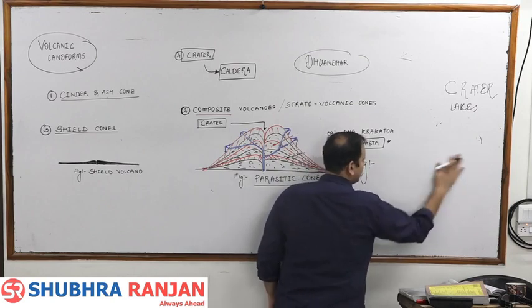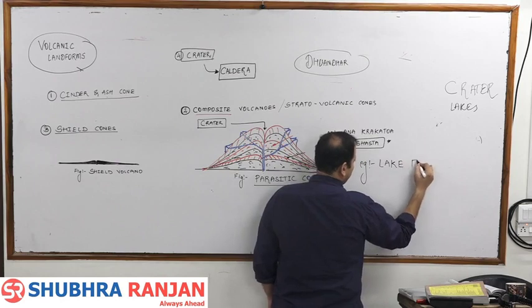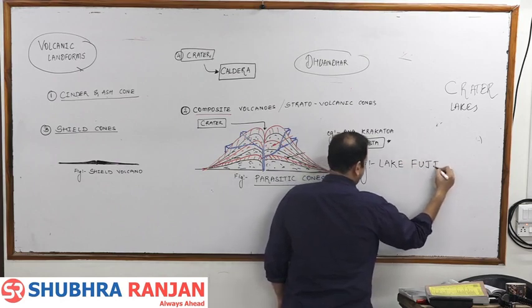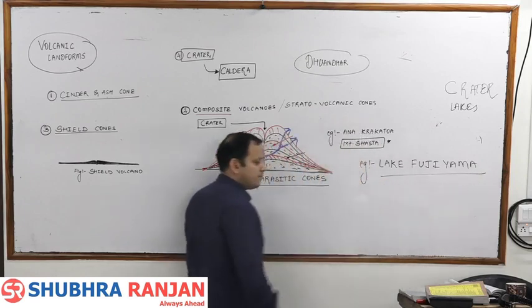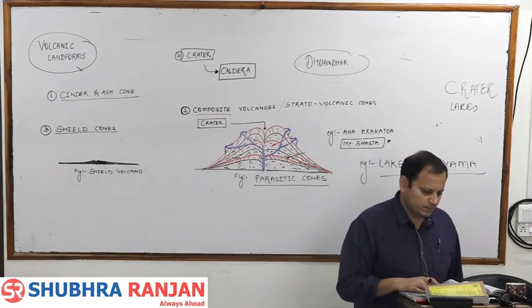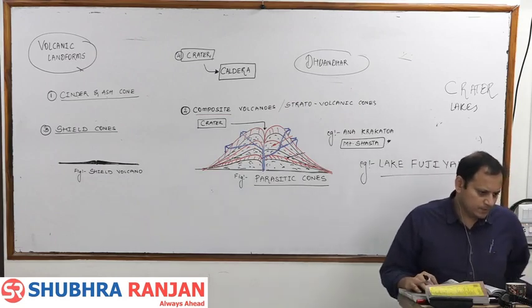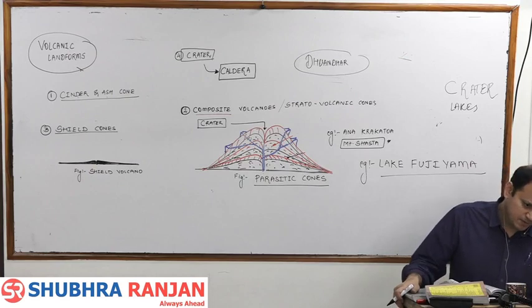Example, you can write even Fuji. Lake Fuji or Lake Fujiyama. Which country? Japan.